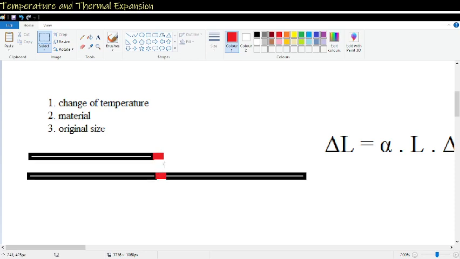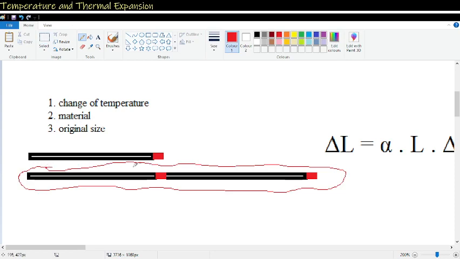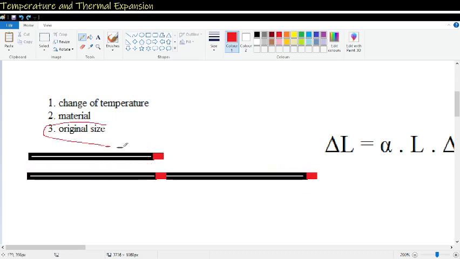So the first half will expand this much and the other half will also expand this much, right? So the total expansion of the second object, the longer one, will be twice compared with the shorter object. So the original size will affect the expansion.